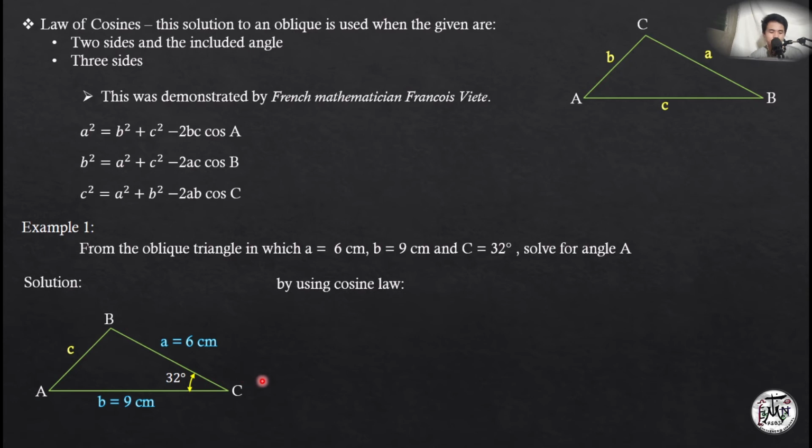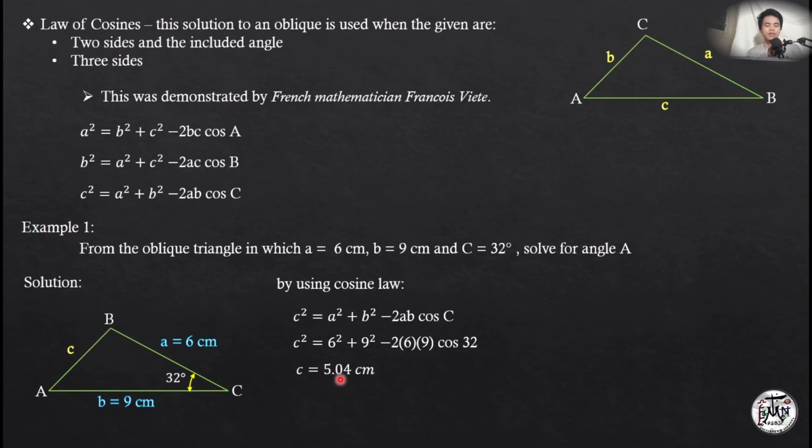By using the cosine law, which is c squared is equal to a squared plus b squared minus 2ab cosine C. Substitute the given: c squared is equal to 6 squared plus 9 squared minus 2 times 6 times 9 cosine 32. So calculate, and c is equal to 5.04 centimeters.